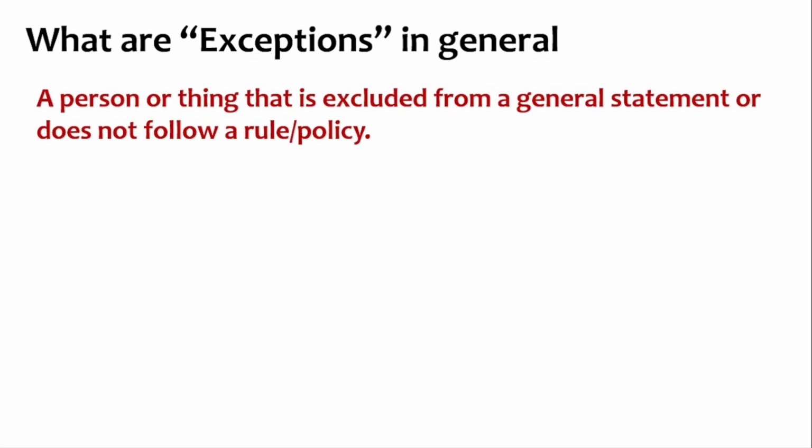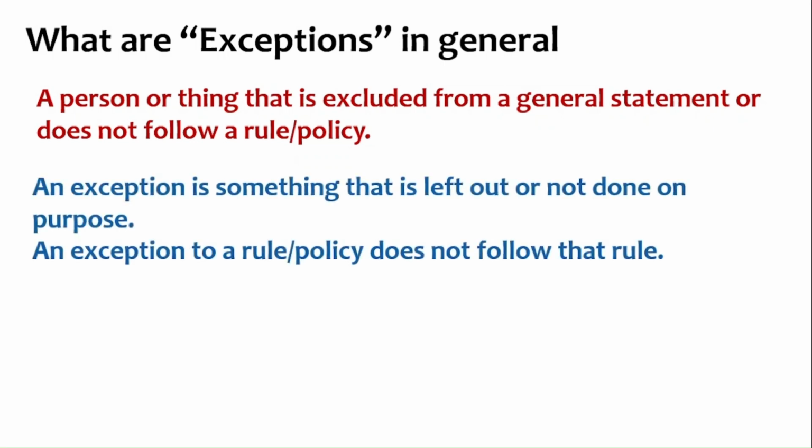A person or thing that is excluded from a general statement or does not follow a rule or a policy. An exception is something that is left out or not done on purpose. An exception to a rule or policy does not follow that particular policy.